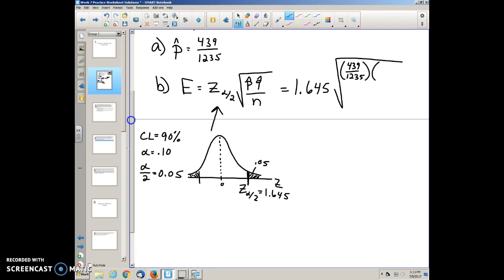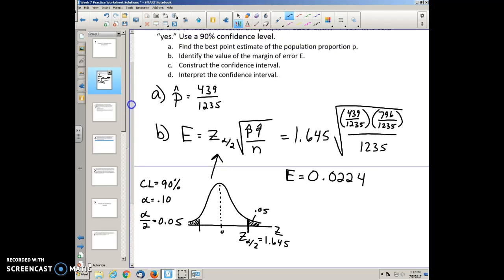So that's 796 over 1235. And then all over N, which is 1235. So now E, margin of error, and we're going to take this out to 4 decimal places. You would get 0.0224. So that's the margin of error.